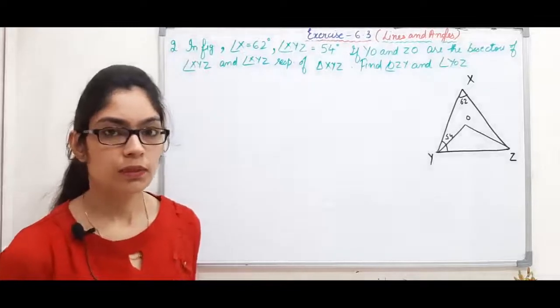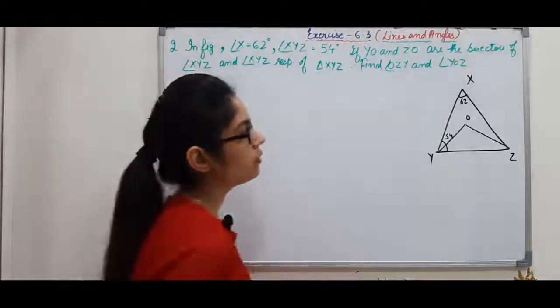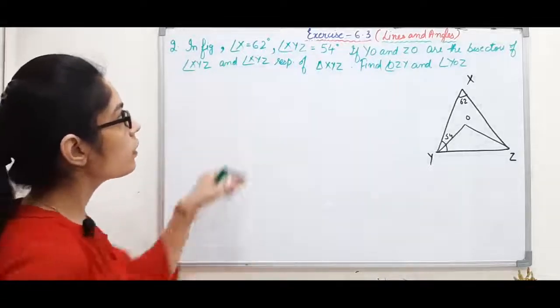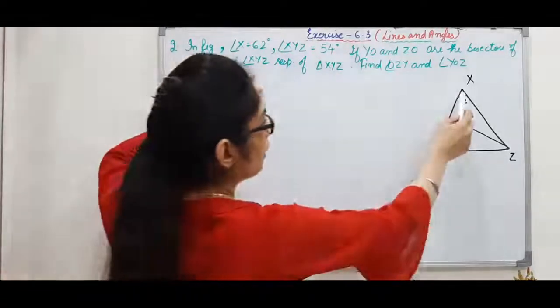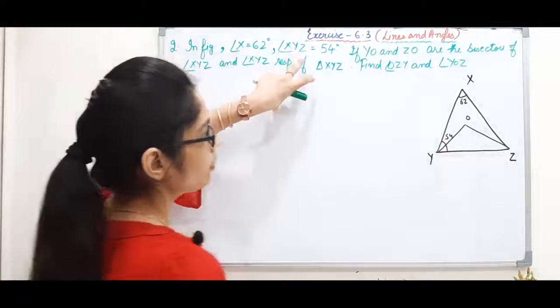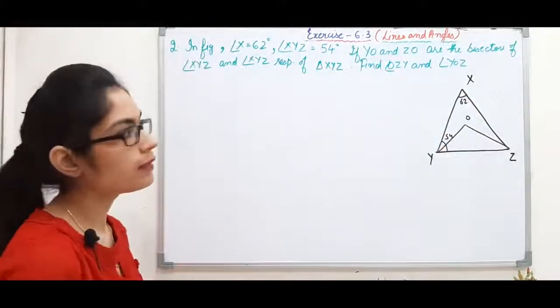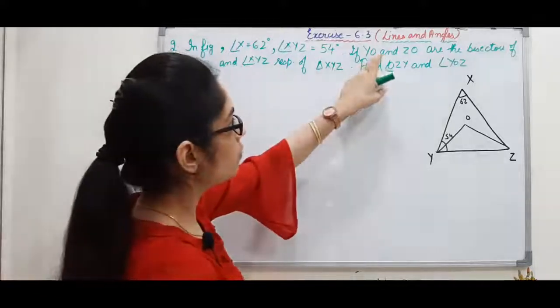In question number 2, this figure is given to us and it mentions angle X is equal to 62 degrees, and angle XYZ, this one complete angle, is equal to 54 degrees.